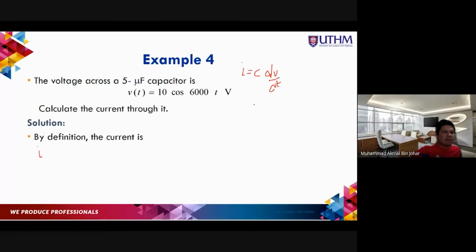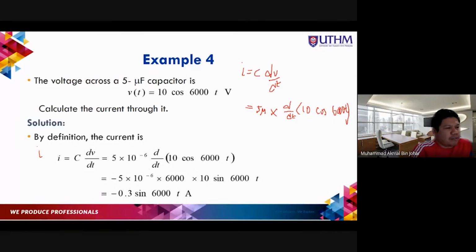So we can put here 5 micro, 10 to the power negatif 6 kalikan dengan 6000, pembezaan terhadap d over dt terhadap 10 cos 6000t. Right. So when you calculate that, then you will get the answer of negative 0.3 sin 6000t.